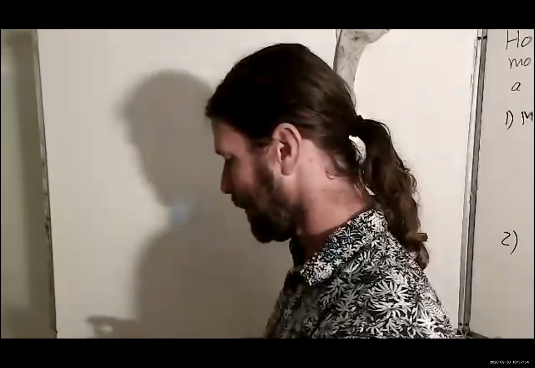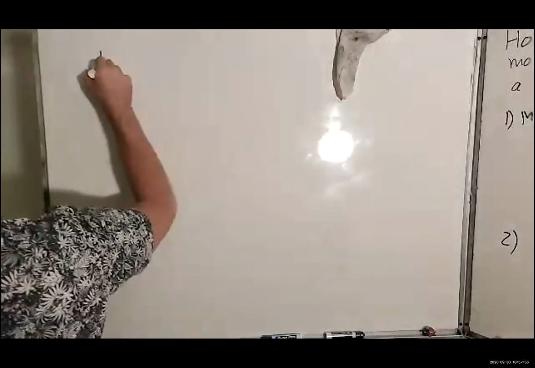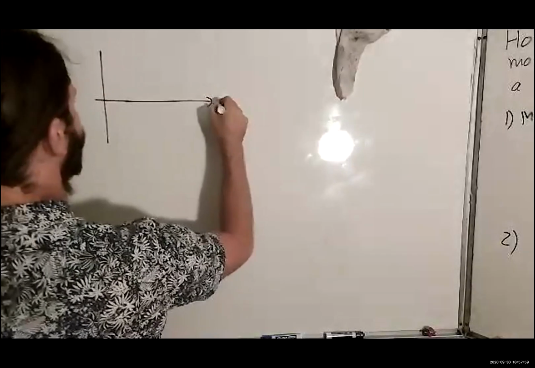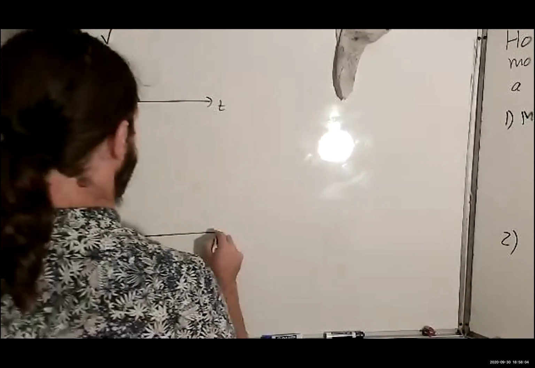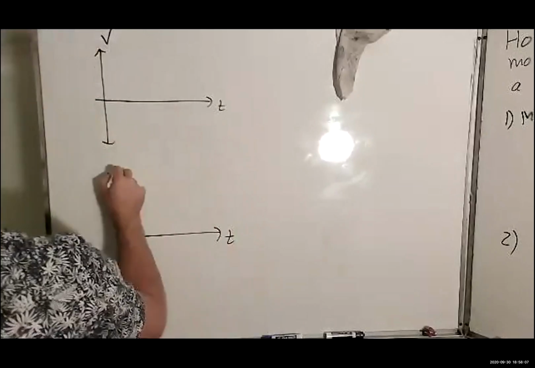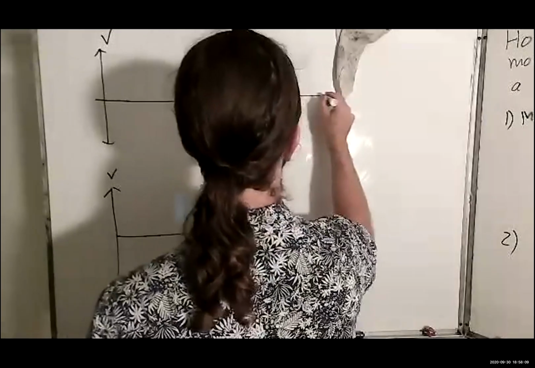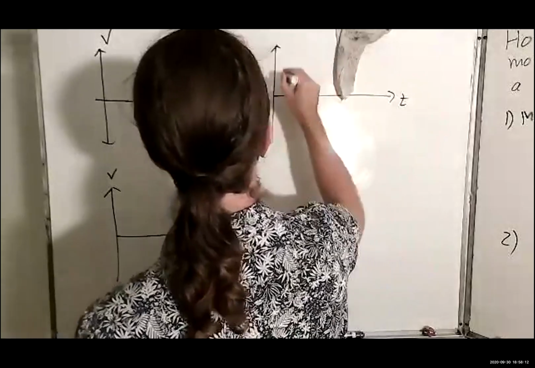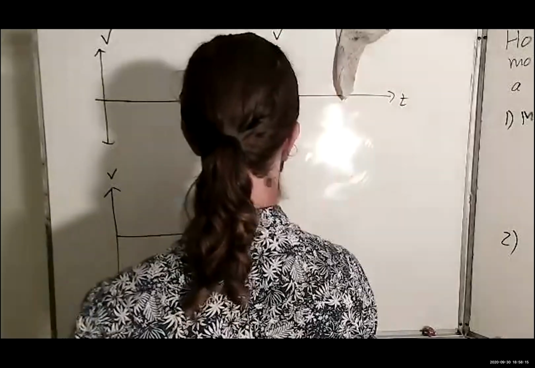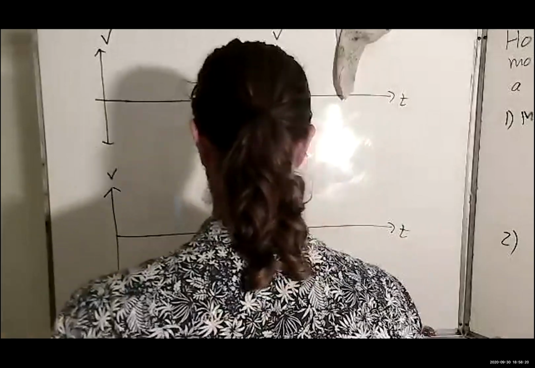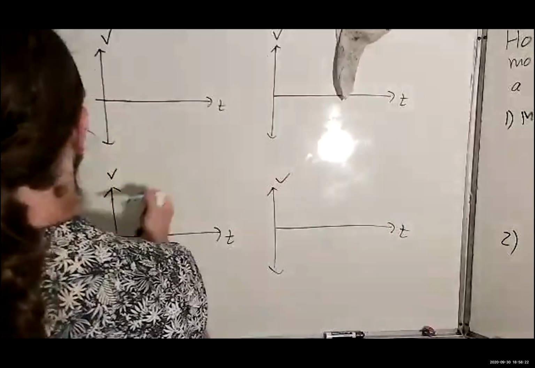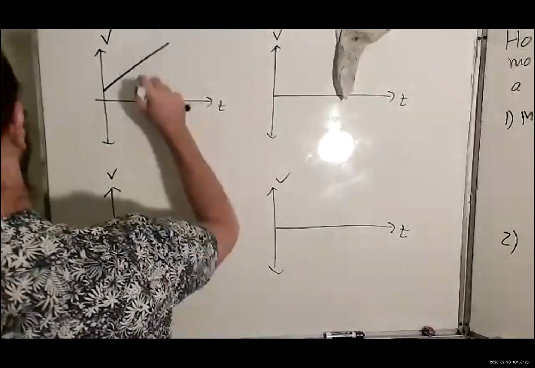Now, what I'm going to put up on the board are 4 velocity graphs. The units don't matter, these are unitless.